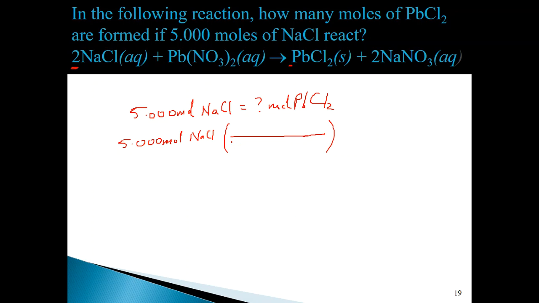Therefore, you're going to put 2 moles of NaCl down here and 1 mole of PbCl2, and this will be equal to 2.500 moles of PbCl2. And that's how that is done. So that's step number 2.